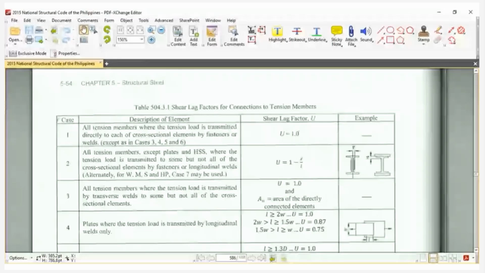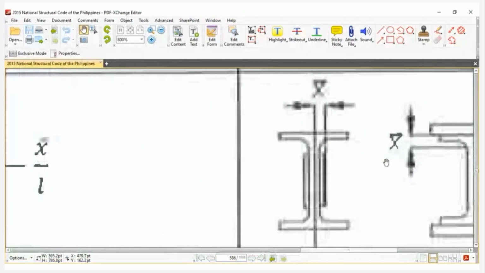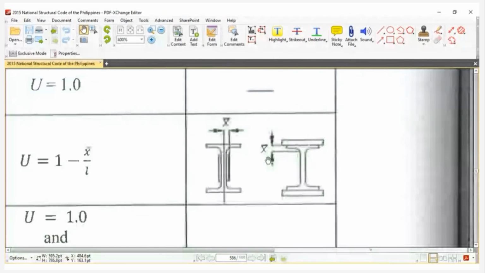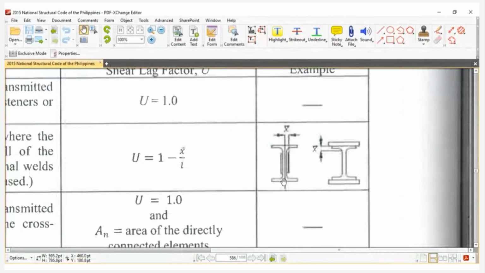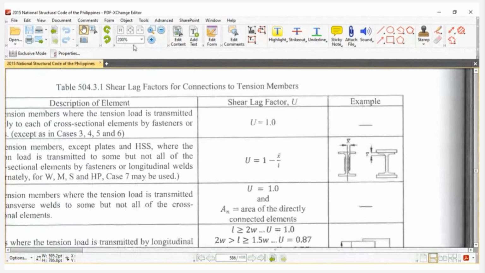So if we consider this one right here, we cannot see it clearly. So this is your connecting member right here, the plate here. And this one is another connecting member, or vice versa. So for example, here is your connection. It is connected this way.